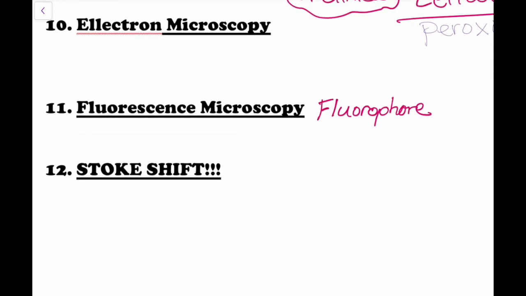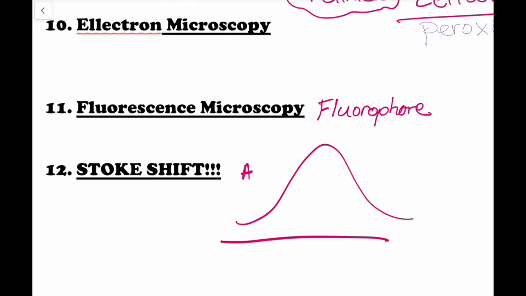And finally, we have Stokes shift, and I won't go too much into detail, just some facts you have to know. So you have the graph, the shift, you have absorption on the left, and you have emission on the right. The absorption component excites, whereas emission is emission.